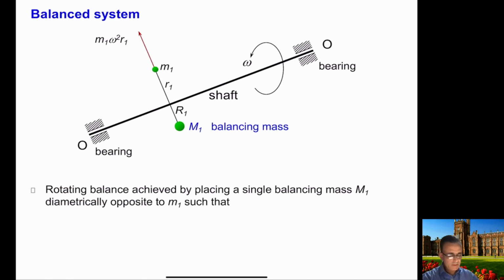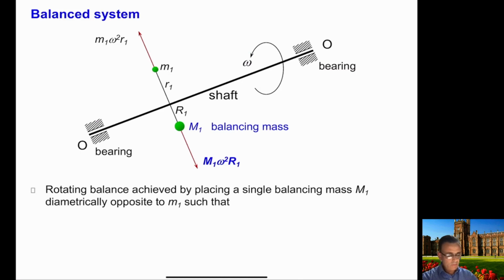So now we want to balance this system here. So we are attaching another mass to this system, which is just directly below this mass here, and the mass here is a capital M1. So this is the balancing mass, and the distance of this mass is R1 from the center of the shaft. So a capital R1.